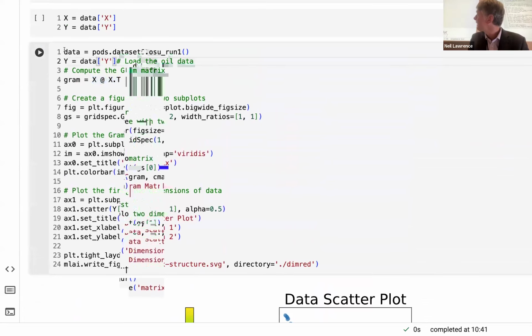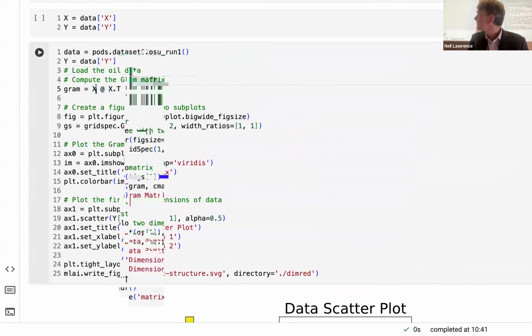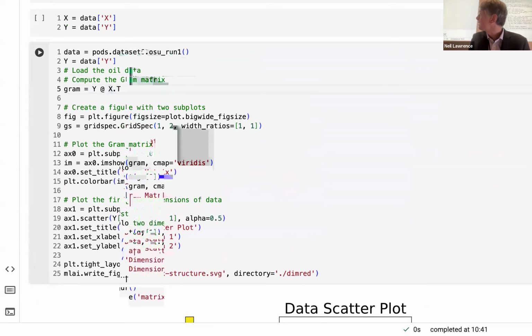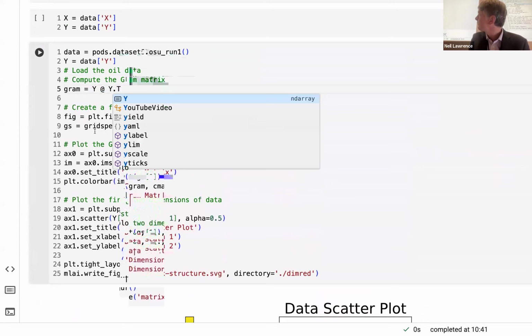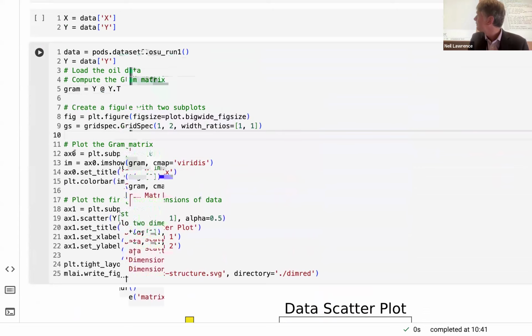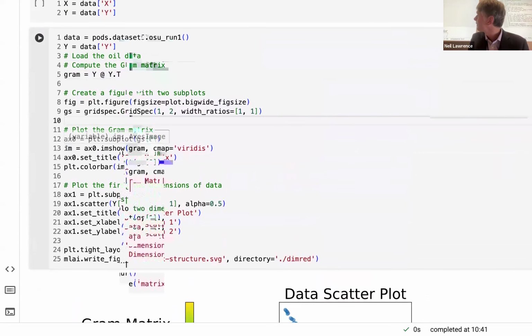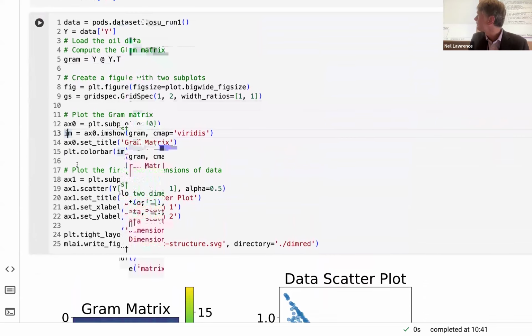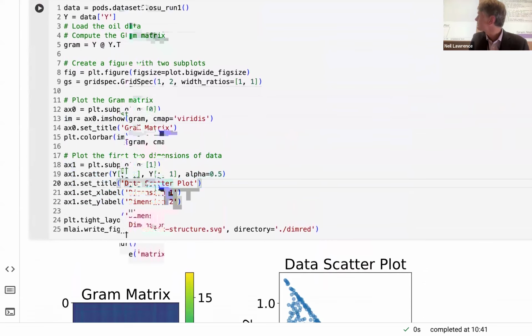So I'm going to pop that in there and then make sure that we're computing the gram matrix from Y. Get rid of all the stuff that won't work, which I think includes all this stuff. Oh, maybe that will work. Let's just try that first.